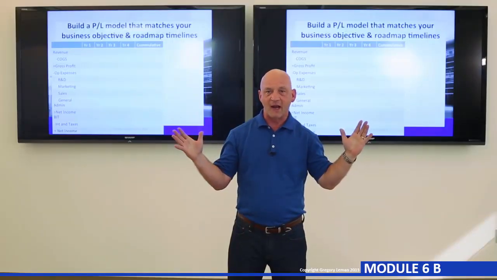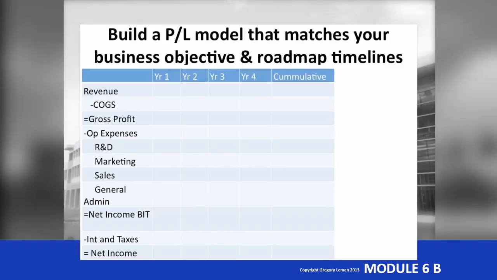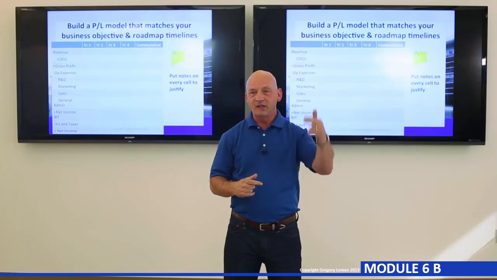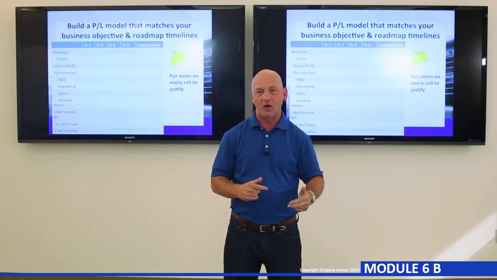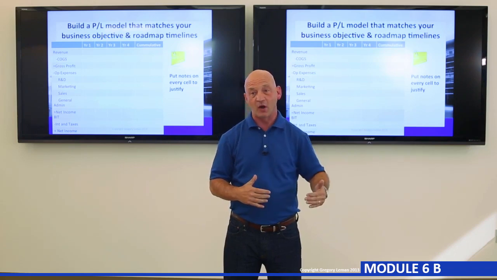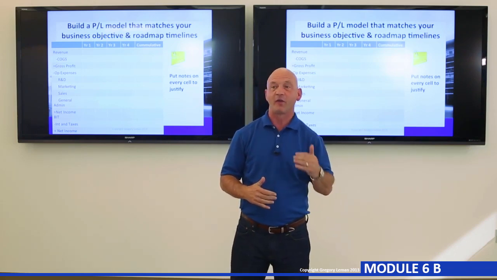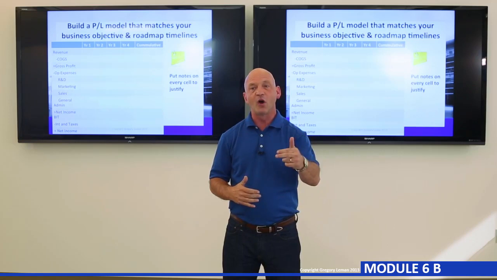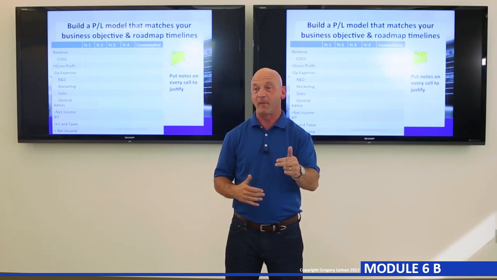So we just lay it out on a spreadsheet, and then I've stuck a picture of a Post-it note on this slide, but you know how to do that in Excel, where you can make detailed notes about every cell on that sheet. And I recommend that you have a page of notes about every cell on that spreadsheet so that you know how you got to that number when you come back to it.